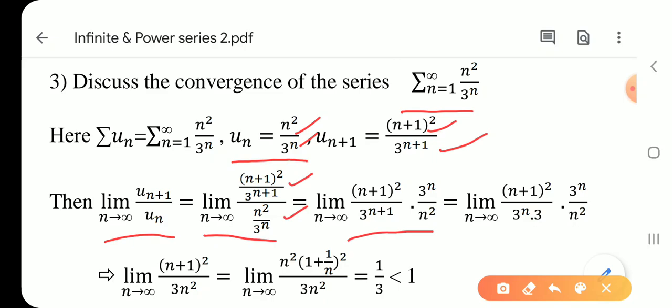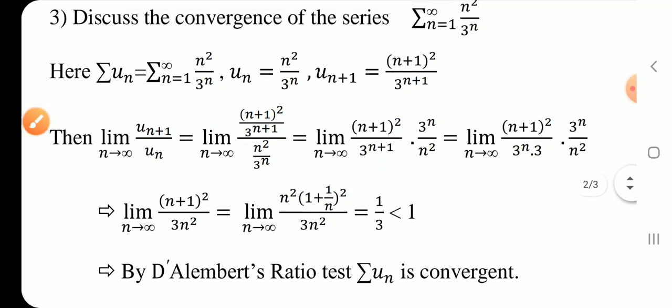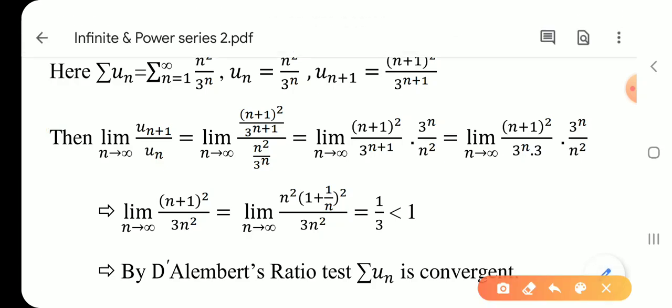Now let us start the cancellation. I told you here 3 to the power n plus 1 I have split into 3 to the power n into 3. N plus 1 whole square is written as it is. 3 to the power n, 3 to the power n cancels. Now what remains? Here 3 remains, here n plus 1 whole square remains. So n plus 1 whole square by 3n square remains.